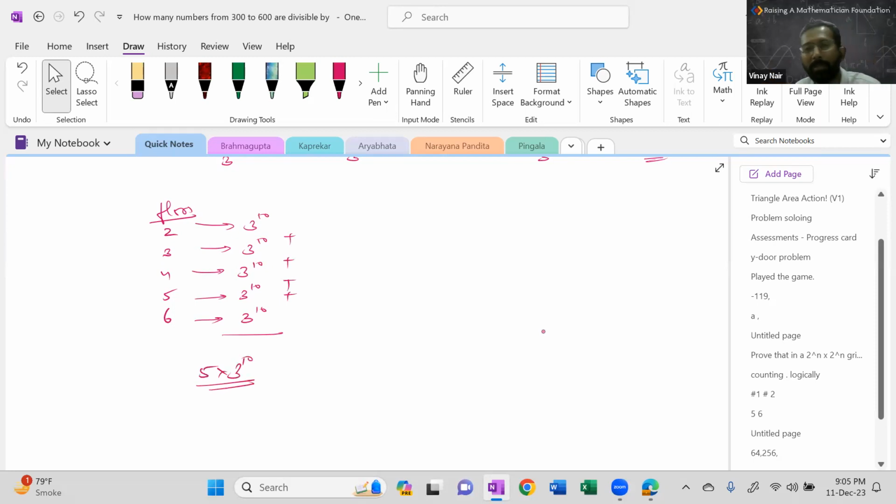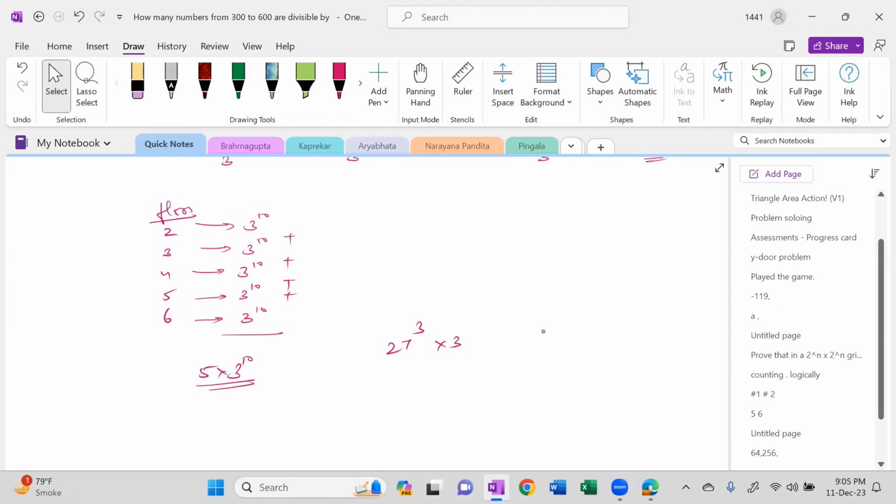3 power 10 is extremely large. That is 27 cube times 3, and times 5.